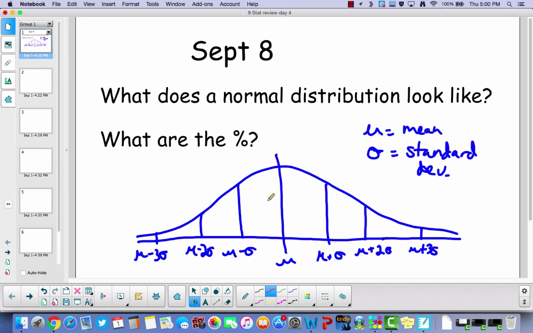Remember, our percentages here are about 34.13%. Our percent here is about 14 or 13.99%. Our percent here is about 2.15%. And our little bitty tails have about 0.13%.